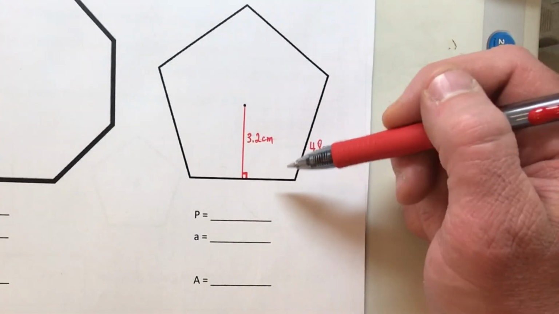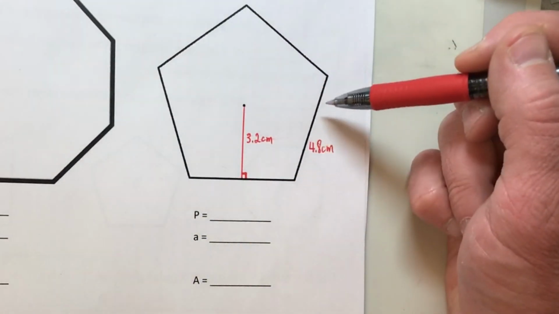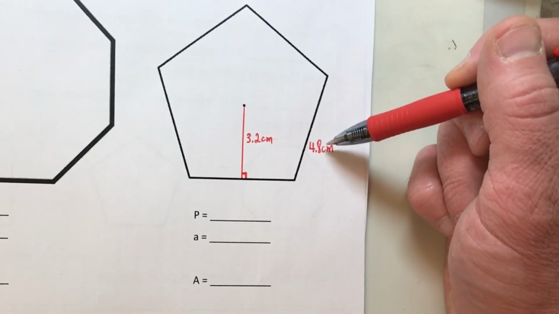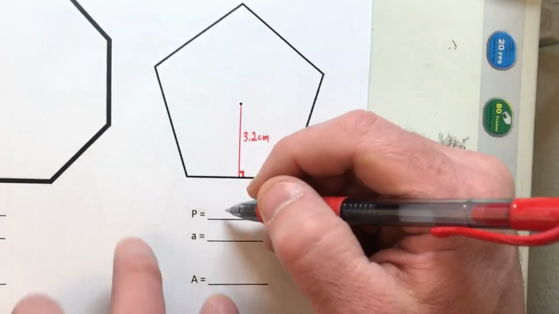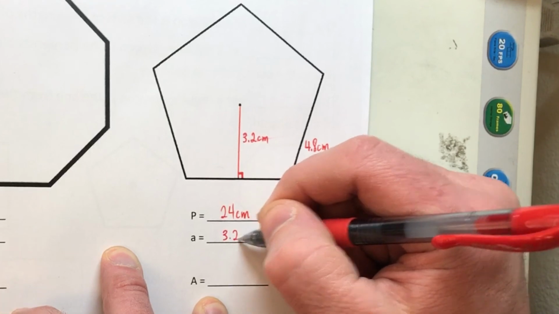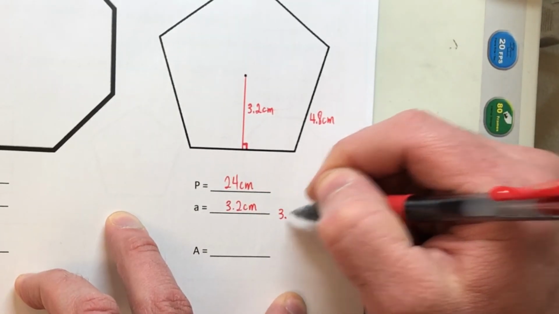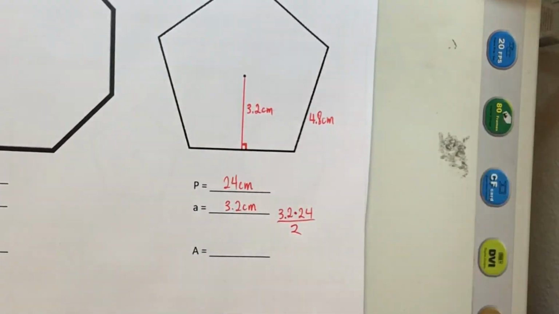All right, so if each side is 4.8, there's 5 sides. What's the perimeter going to be? 4 times 5 is 20. 0.8 times 5 is going to be 4, so 24, is that right? Okay, we just measured the apothem, it's 3.2. So I'm going to do the apothem times the perimeter divided by 2.